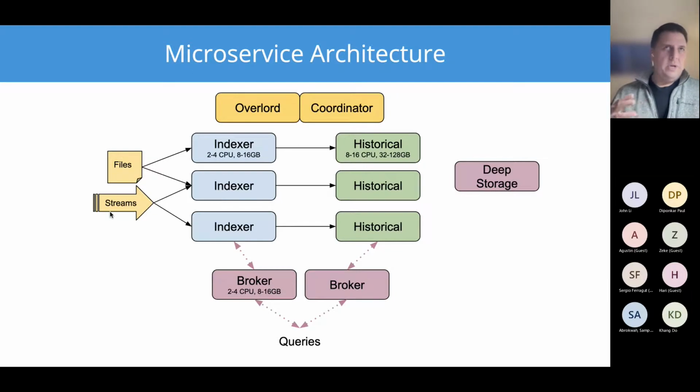A database is only good if you get data into it. So how do we get data in here? Well, the indexers will read data from either a file-based system, like I said, S3, GCS, Azure Data Lake, NFS, things like that, anywhere it can get access to the data, or it can connect up to streams, so things like Kinesis or Kafka or Azure Event Hub, if you want more low latency data.